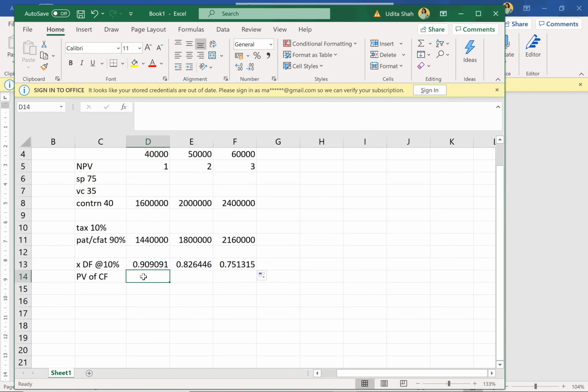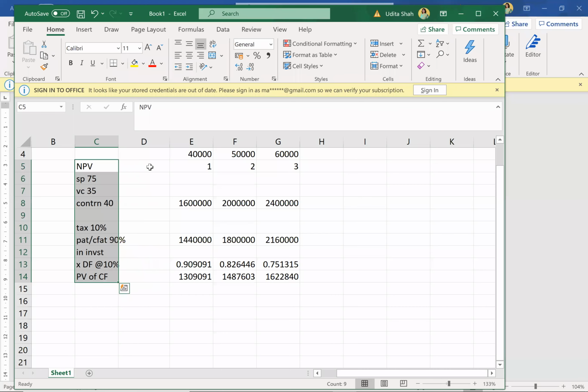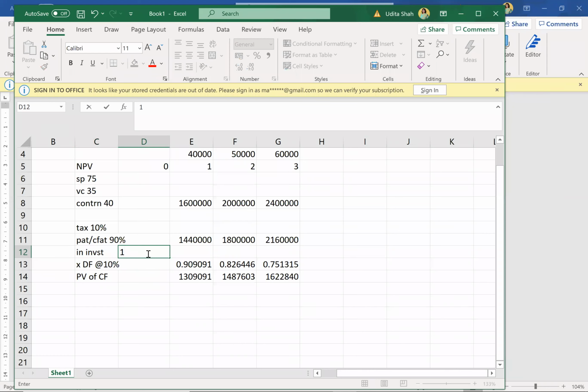And the PV of cash flow will be this amount into this amount. You also need the initial investment in year 0. So the year 0 initial investment is how much? Initial investment is 1.2 million, negative.